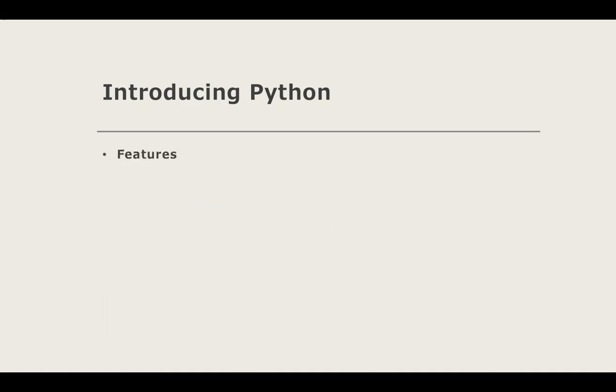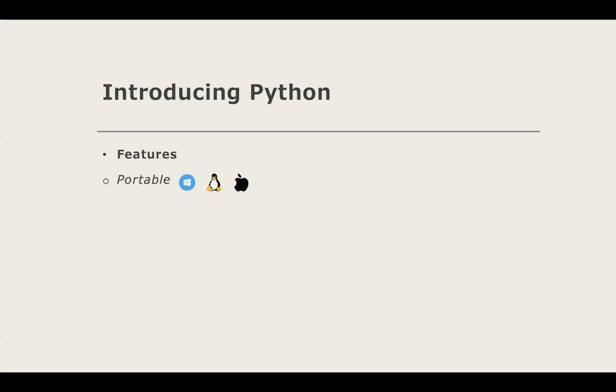Now, let's look at a few features of Python that have made it so popular. Python is highly portable. You can run it on every platform familiar to everyone, like Windows, Linux, and Mac OS.